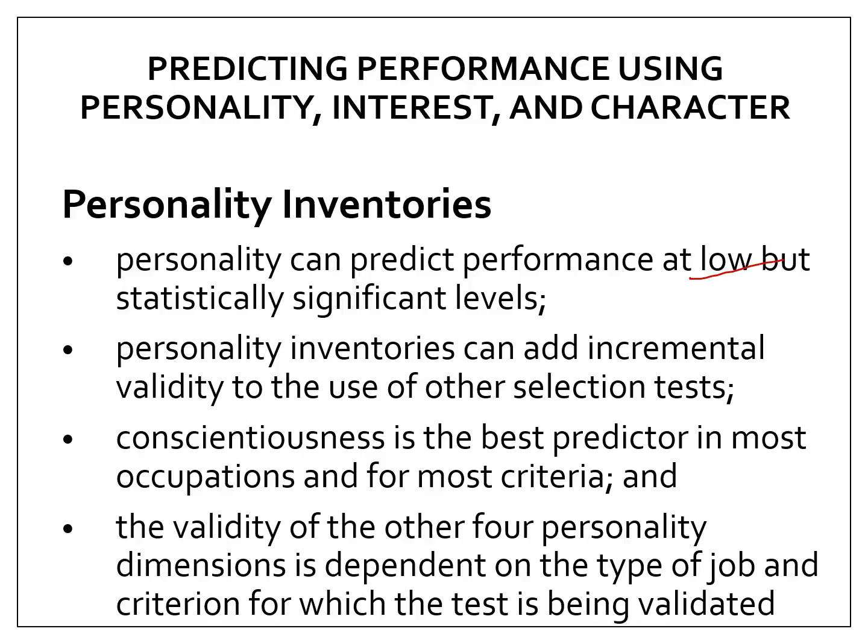Other than that, amongst the Big Five, the best predictor in almost any occupation of being successful is conscientiousness. So if you're conscientious, then expect good things will come your way because you're very hardworking.